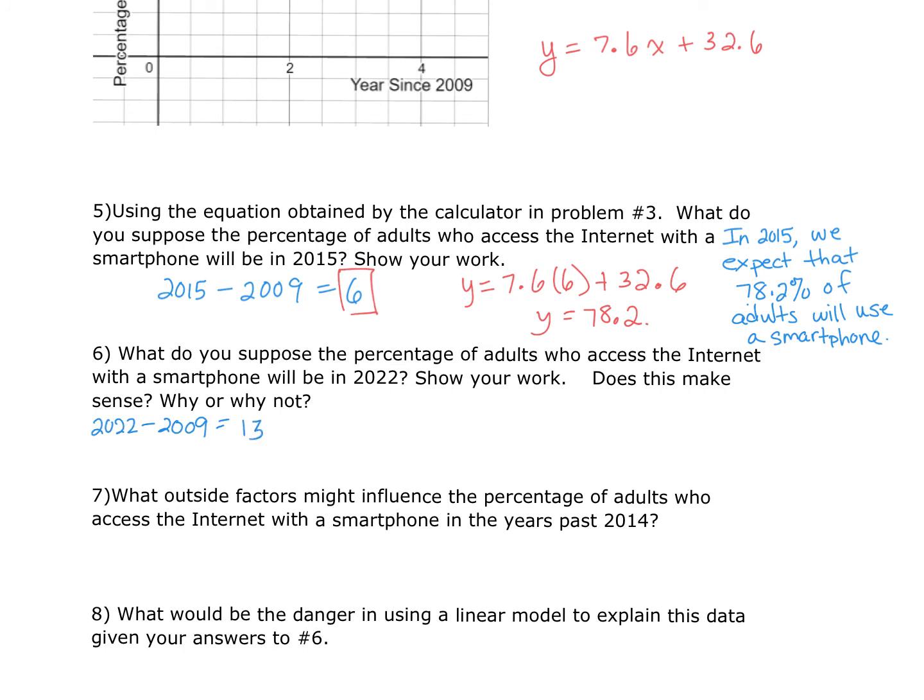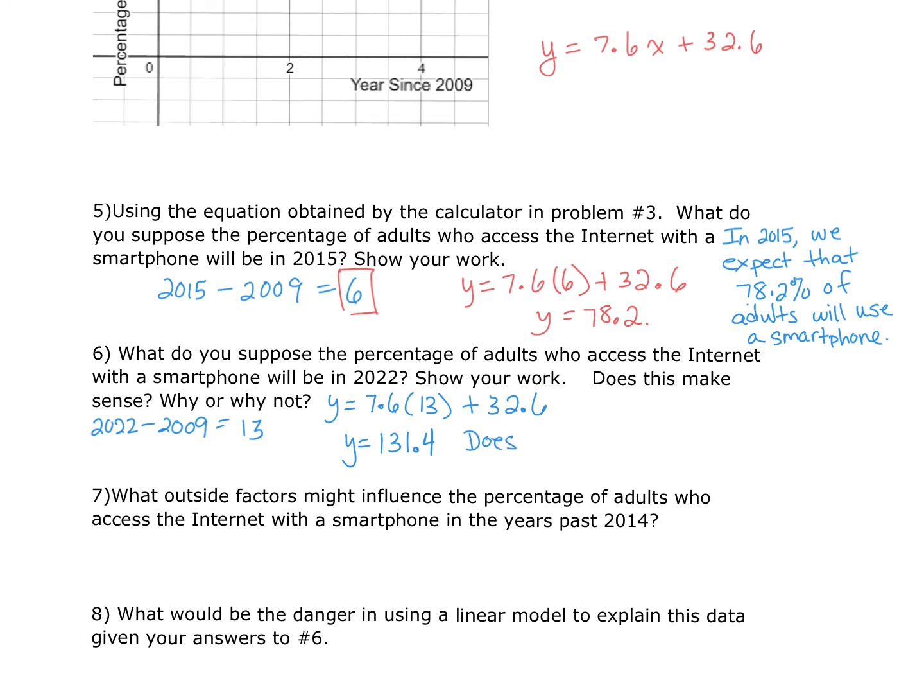And we will plug 13 in. 7.6 times 13 plus 32.6. In this case, we get 131.4. Now, because our Y value represents the percentage of adults, and we know we can't have over 100% of adults, this does not make sense.